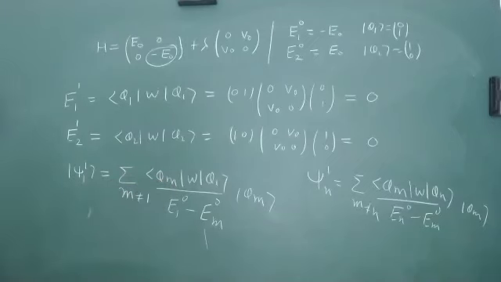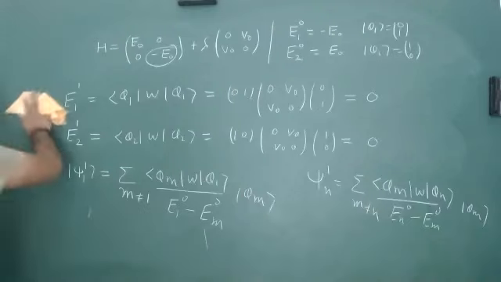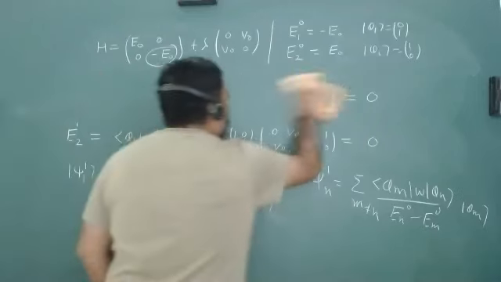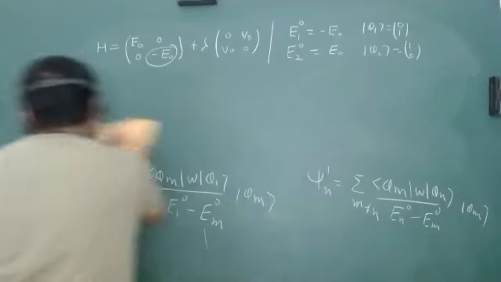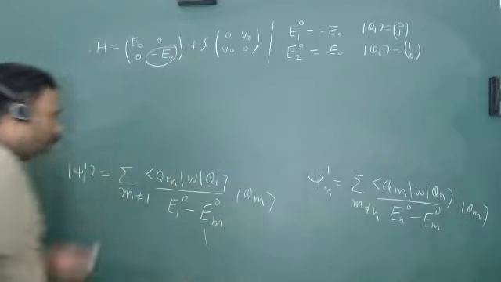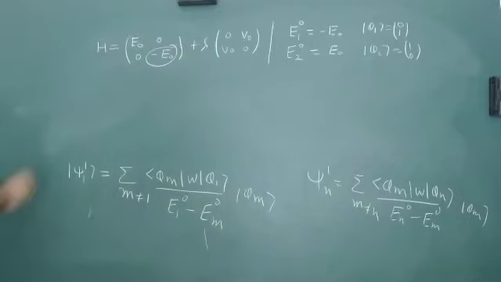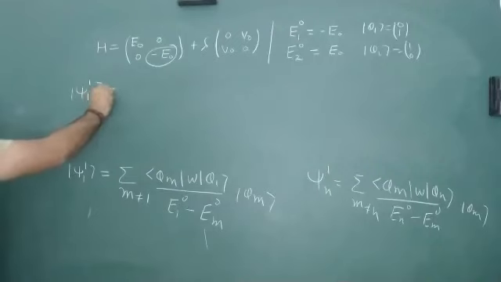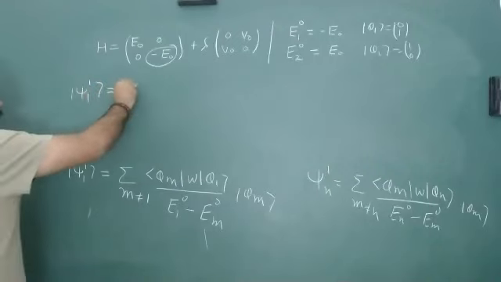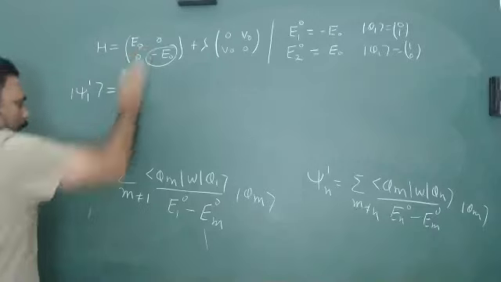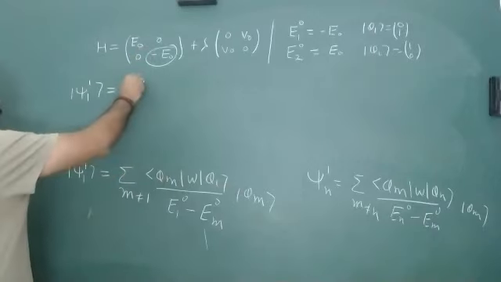So what will this particular thing be? psi 1, 1 is nothing but this, written as: m not equal to 1 means m is only 2.